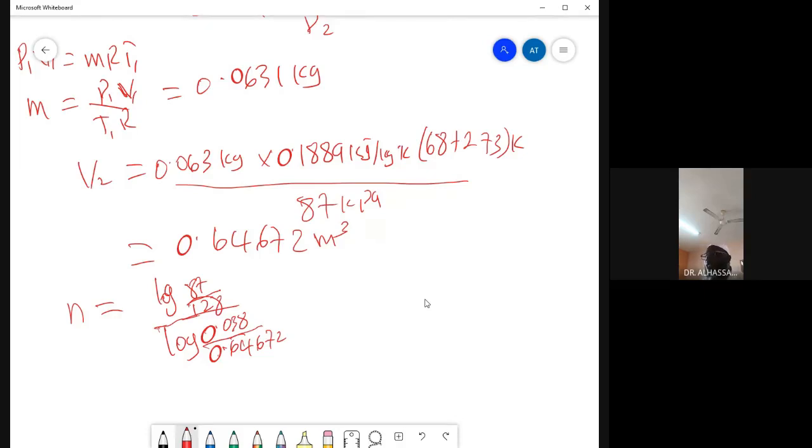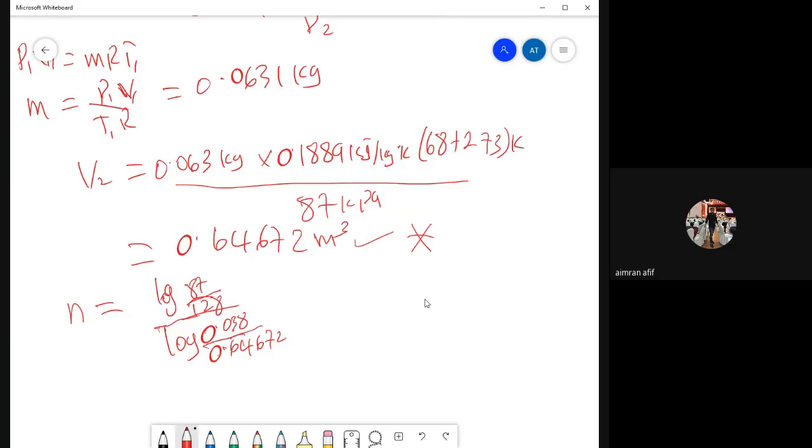Can somebody cross check this for me? I think there is something wrong.